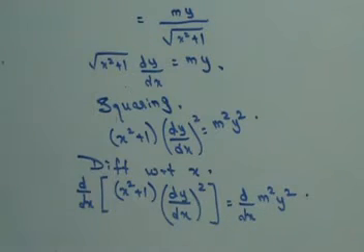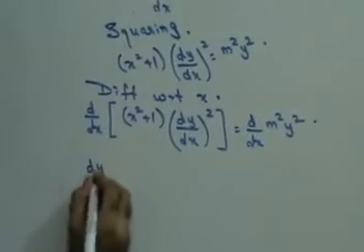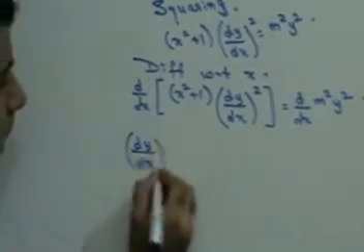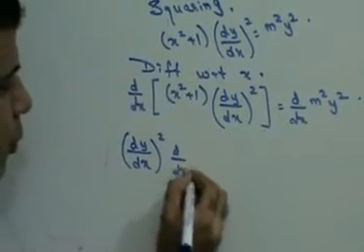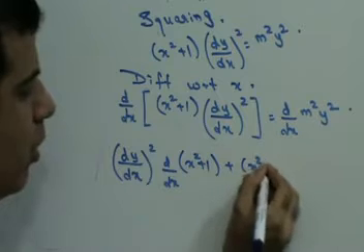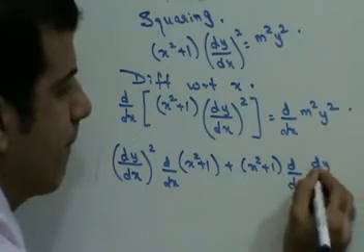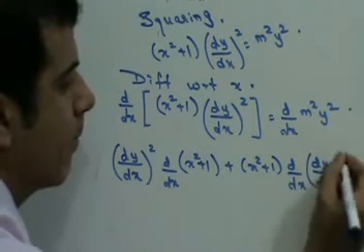I'm just multiplying both sides by d by dx. Using the uv formula, this is v times derivative of u plus u times derivative of v is equal to m square.